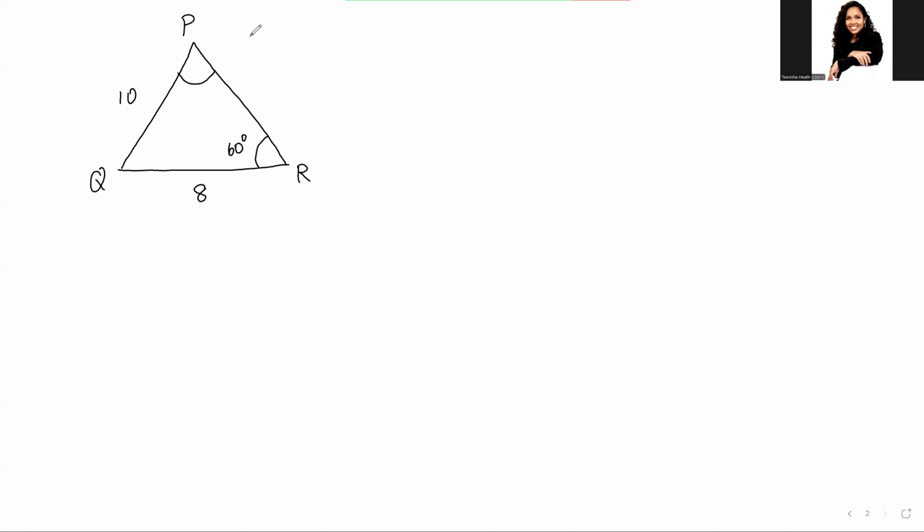So using the sine rule again, we would say side P. Sometimes it's good to label your sides. The side opposite angle P would be side P, so that's 8. The side opposite angle R is 10, so that would be side R. So using the sine rule, side P over the sine of P is equal to R over sine of R. Now we substitute our values in there.